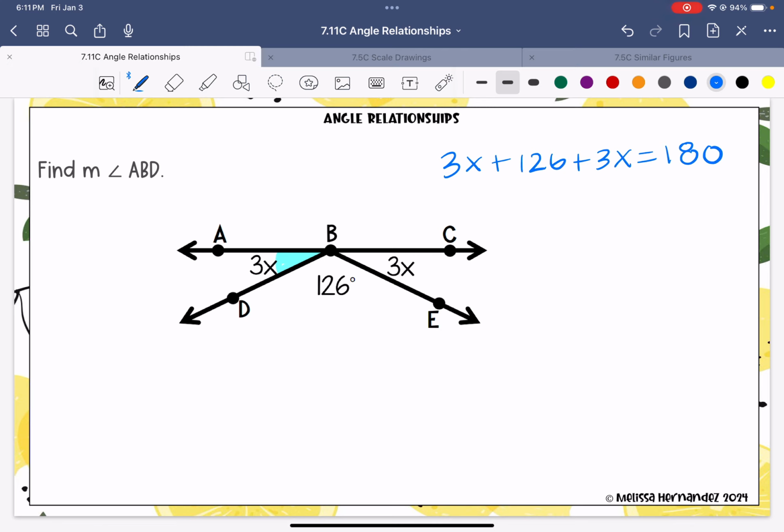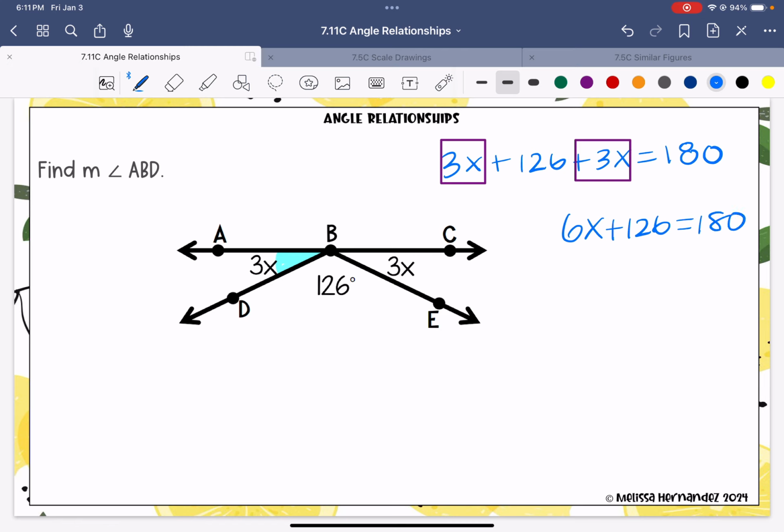So now what we're going to do is combine like terms. So 3x plus 3x, when you add both of those, you end up with 6x. Bring down the 126 because you really can't simplify it. You can't combine 6x and 126 because they're not like terms.